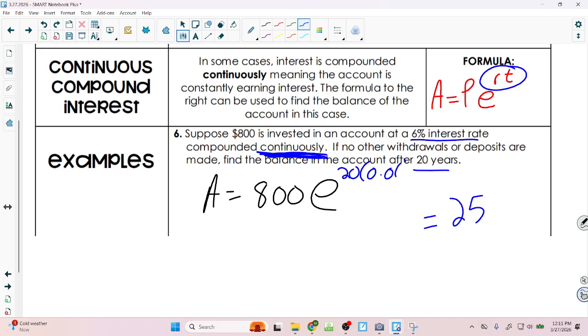Okay, 2656. Let's grab the small eraser. 2656.09 should be our answer.